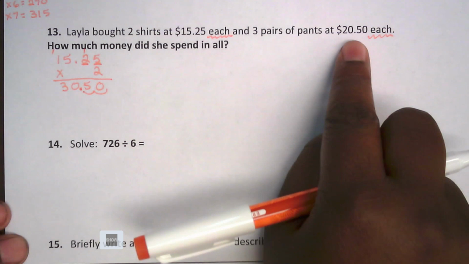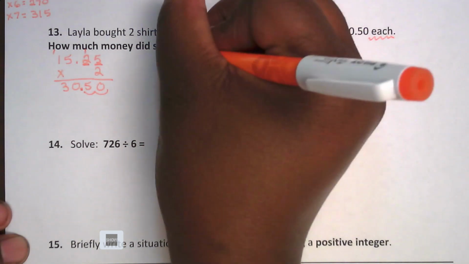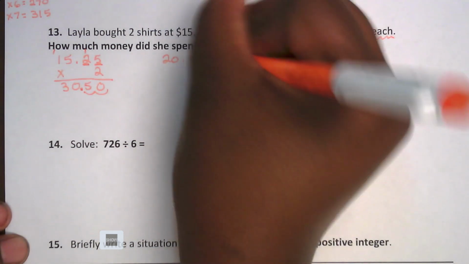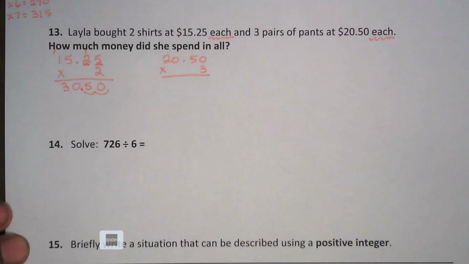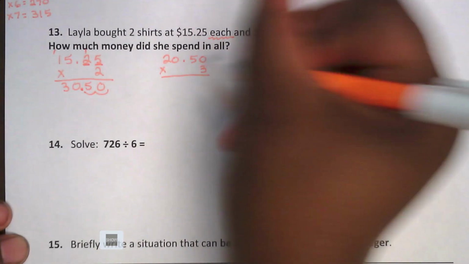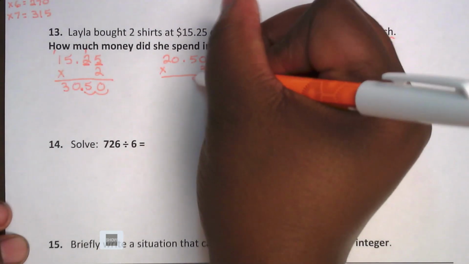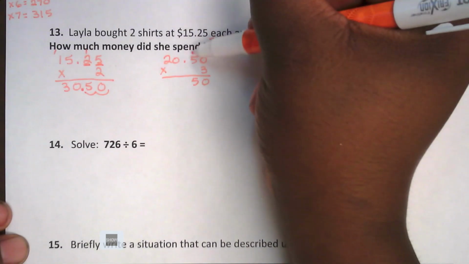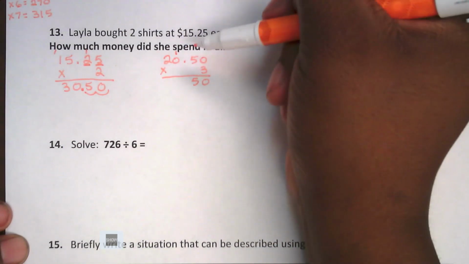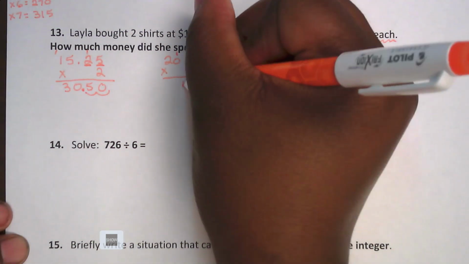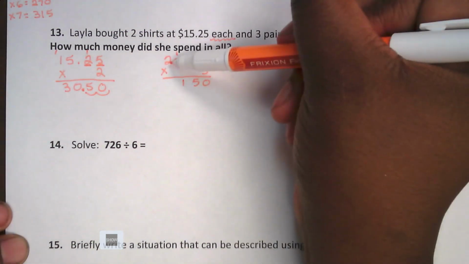Now let's look at these 3 pairs of pants. $20.50 times 3. 3 times 0 is 0. 3 times 5 is 15. Pop my 1 up here. 3 times 0 is 0, plus that 1 gives me 1. 3 times 2 is 6.